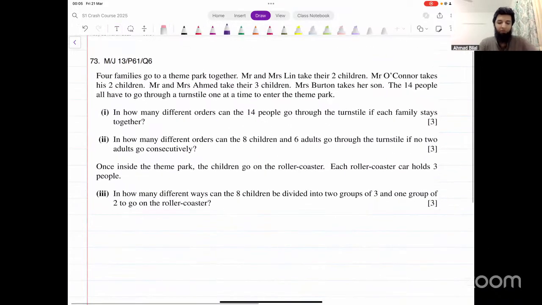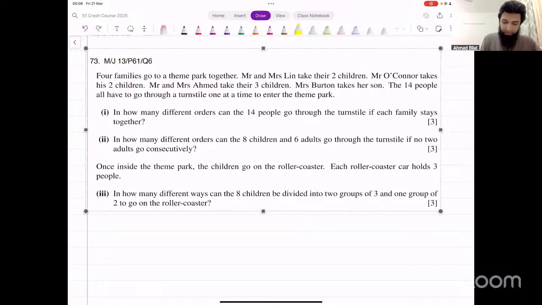It says 4 families go to a theme park together. Mr. and Mrs. Lynn take their 2 children. Mr. O'Connor takes his 2 children. Mr. and Mrs. Ahmed take their 3 children. Too many names. Okay, we have Mr. and Mrs. Lynn.